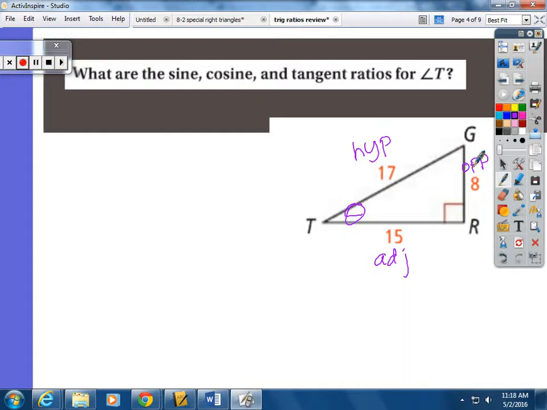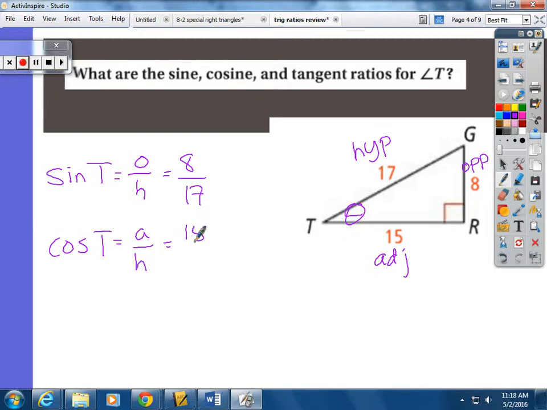The sine of T equals opposite over hypotenuse, so that would be 8 over 17. Cosine of T would be adjacent over hypotenuse, and that would be 15 over 17. And tangent of T is opposite over adjacent, so that's going to be 8 over 15.